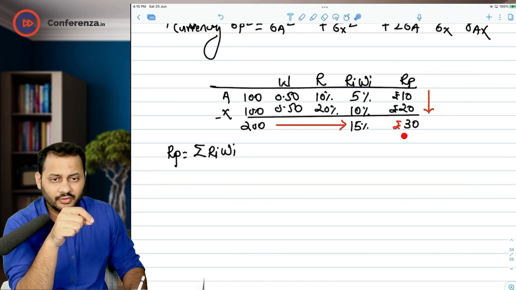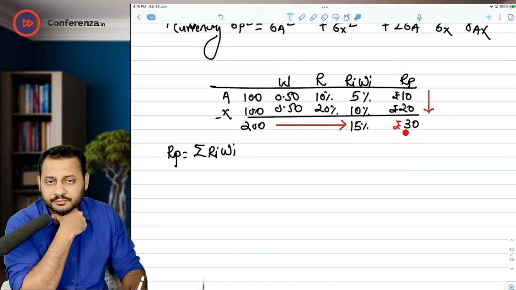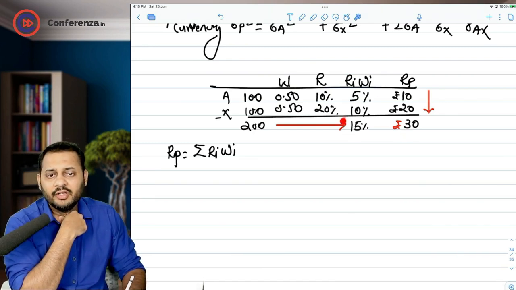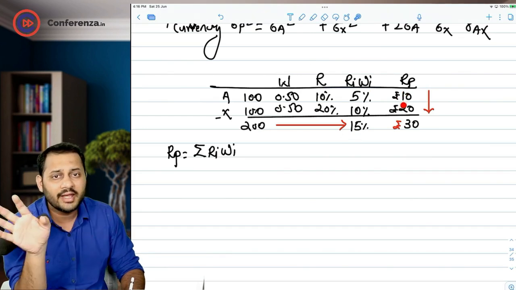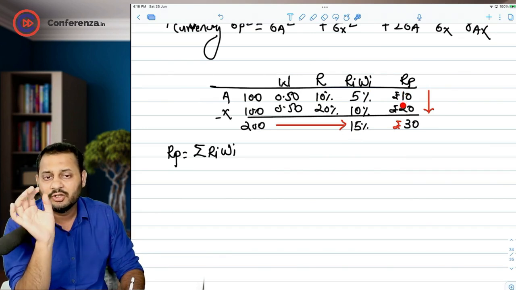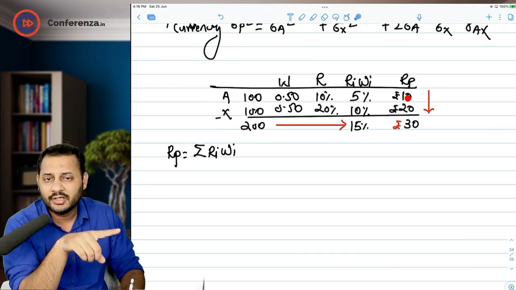When you are calculating the return of 30 lakhs, understand, and when you are using the percentage of 15%, you will see that the 15% is calculated using weights, but these 10 and 20 lakh rupees are not calculated using weights. You do not have to use any kind of weight while calculating 10 lakh rupees or while calculating 20 lakh rupees.